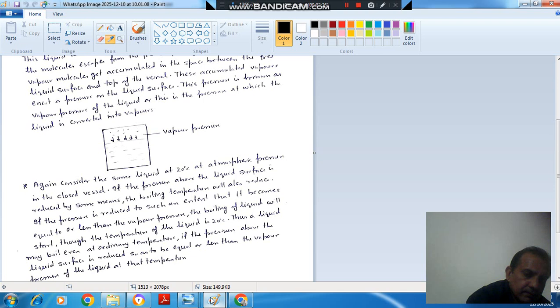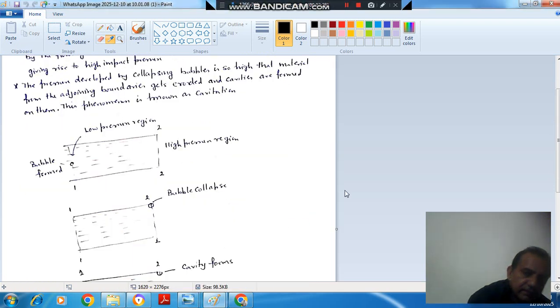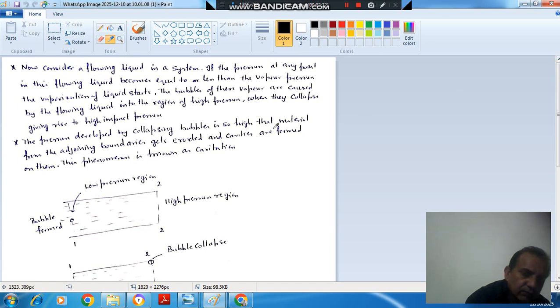So now consider the case of flowing water. When water is flowing in a machine, there may be a region of very small pressure, and there may be a region of very high pressure. Suppose this is your small pressure region; here the water will vaporize at the temperature at which it is flowing, and bubbles will form.